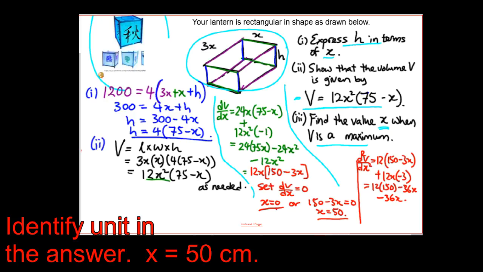And at the second derivative, when x is equal to 50, you can see that this answer here is going to be negative. Therefore, I know then my volume now is a max. So that's the answer.